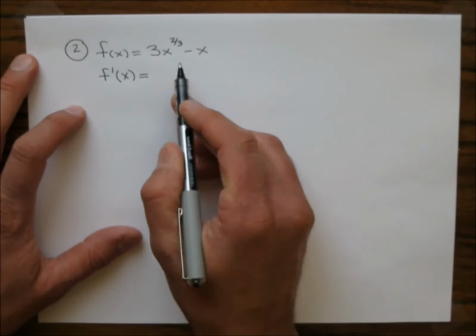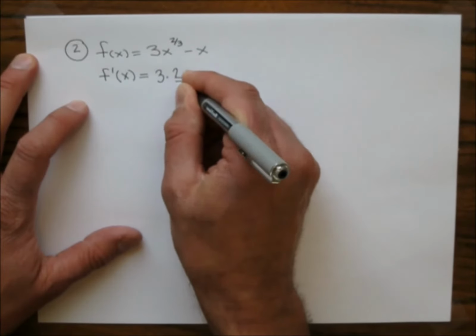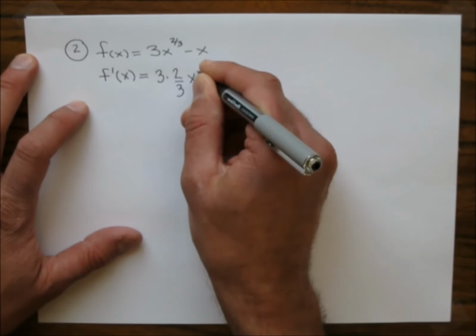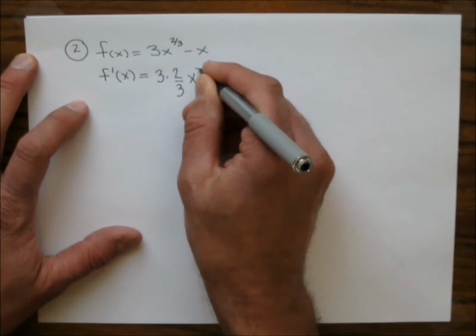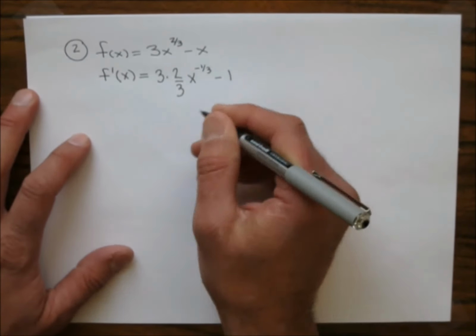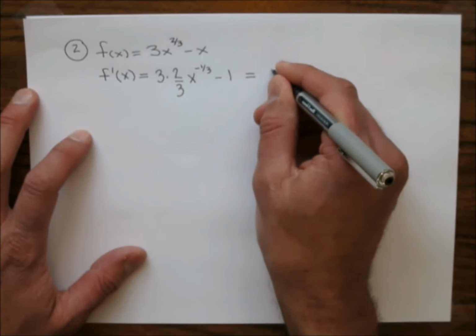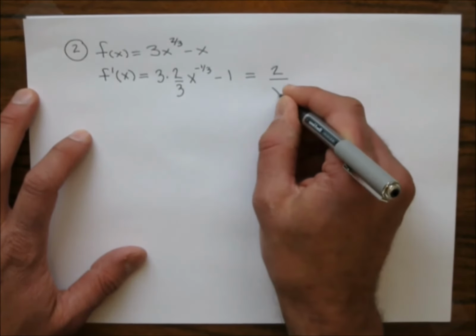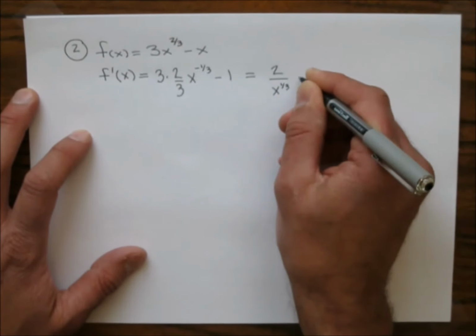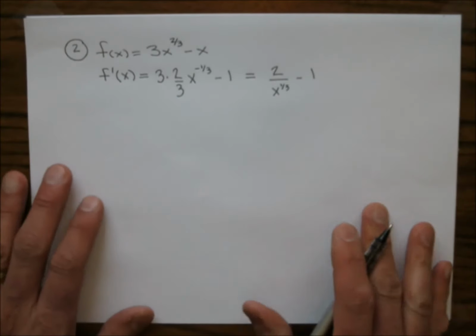The first derivative is the power rule, so it's going to be 3 times 2/3 x to the 2/3 minus 1, so this is -1/3. This is going to be -1. So this is going to give me 2 over x to the 1/3 minus 1. And what am I going to do?